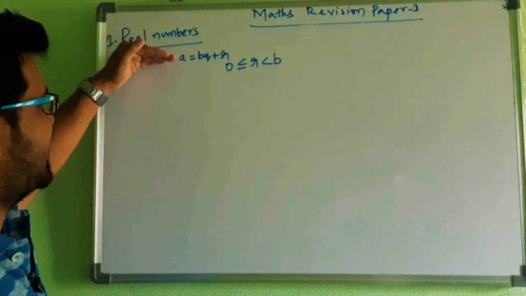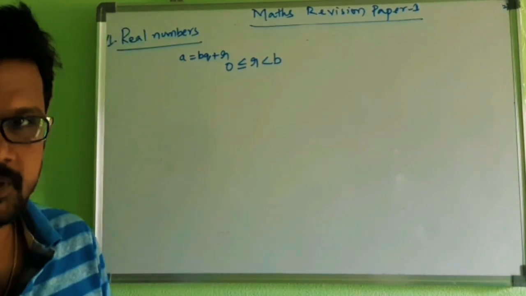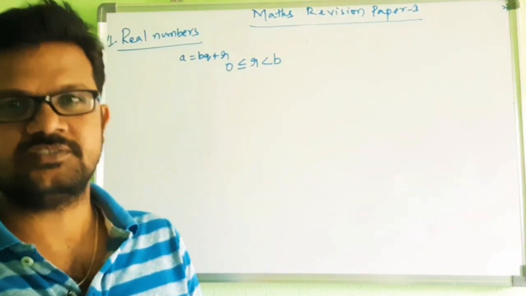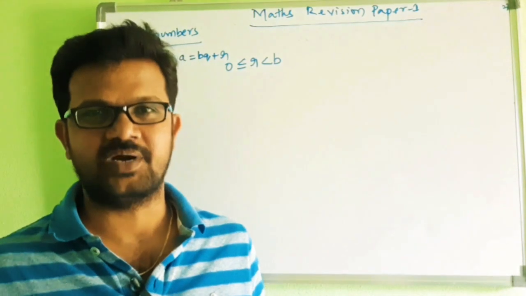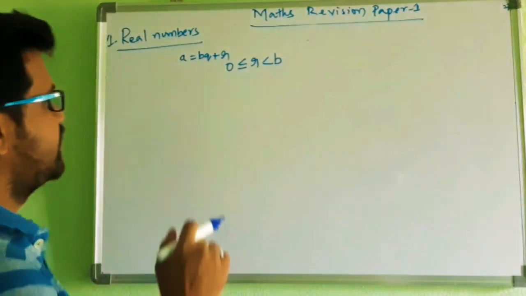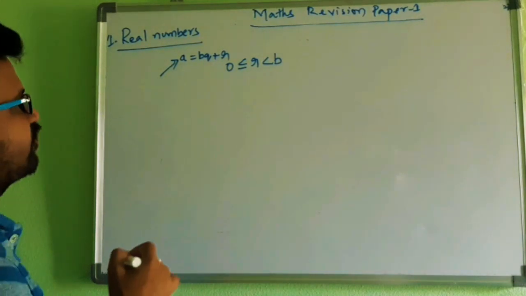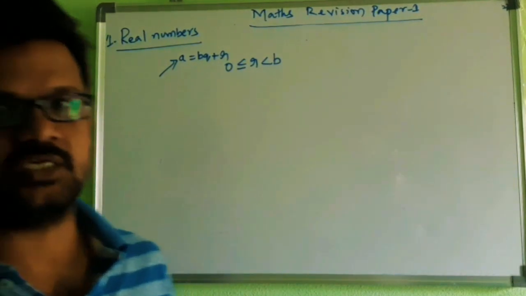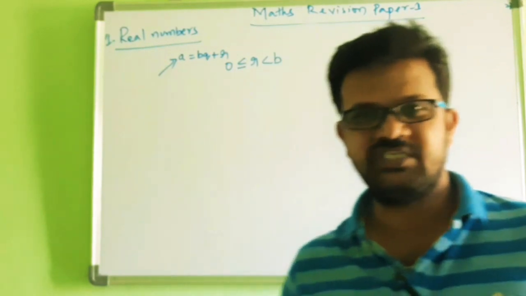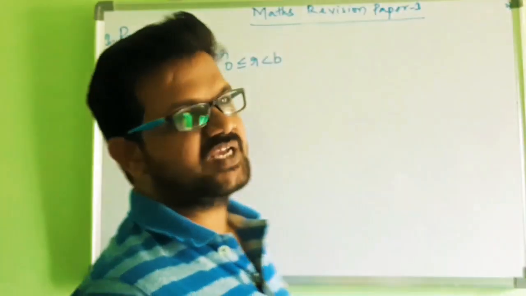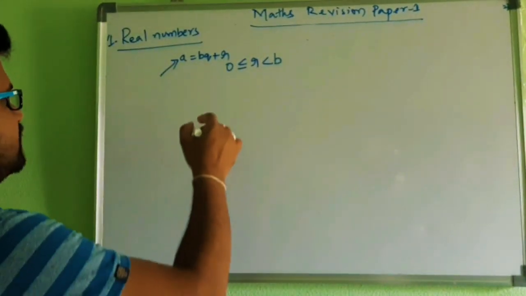Based on this concept, there will be 2 marks, 1 mark or 4 marks questions. Using Euclid's division lemma we can find the HCF of any two numbers.